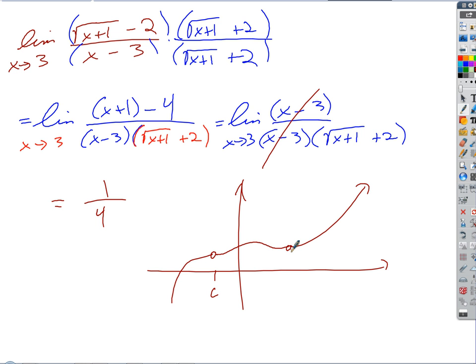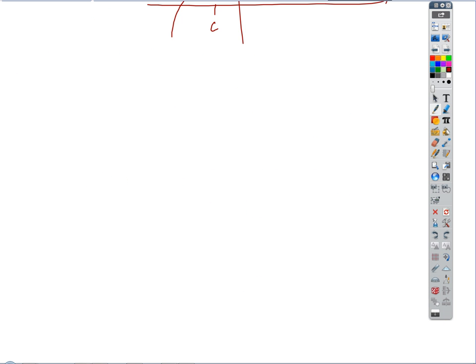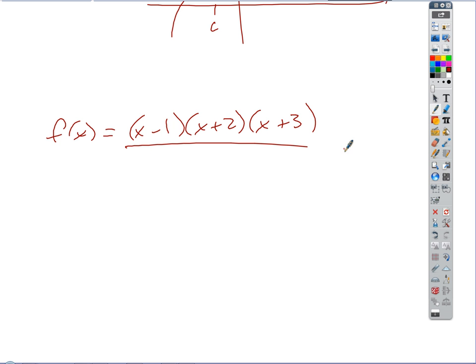How do you even get a function with 2 or more holes? Oh, we'll get lots of them. Well, we could build one right now. We could work backwards and build one by just saying this. What if we have f of x equals, in factored form, x minus 1 times x plus 2 times x plus 3 divided by x minus 1 times x plus 2.